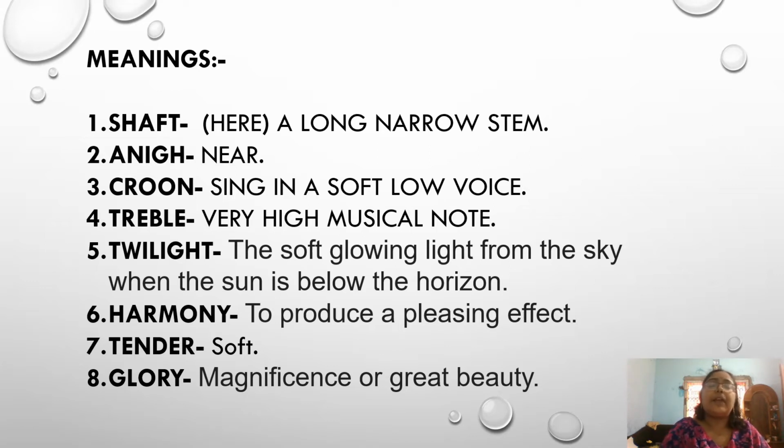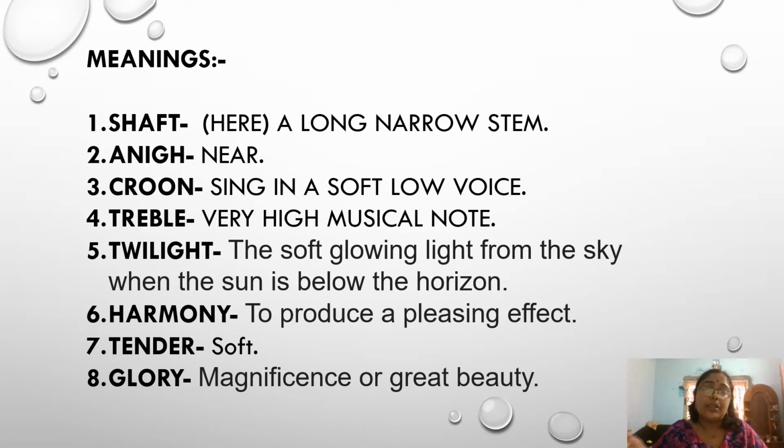The next part I've written in my own writing. Why? Because these are meanings given by me from within the chapter to you all. You all should know the meanings of all these words. Number one is twilight. What is twilight? In the evening, when it's time for the sun to shrink down and the moon to rise up, it will become night time.